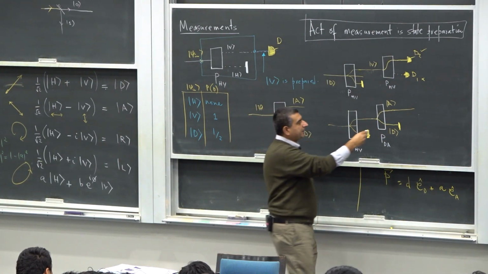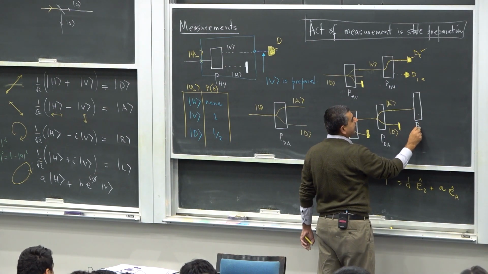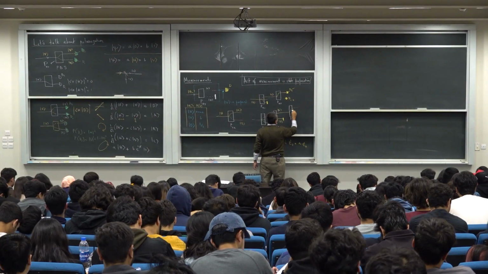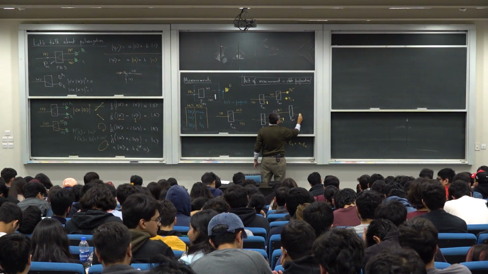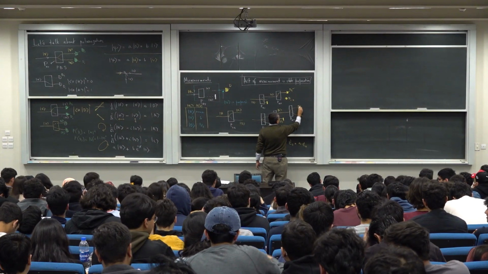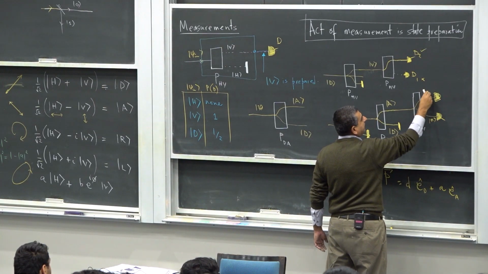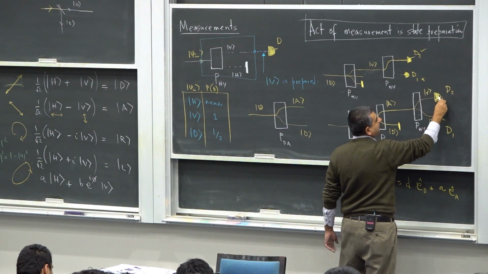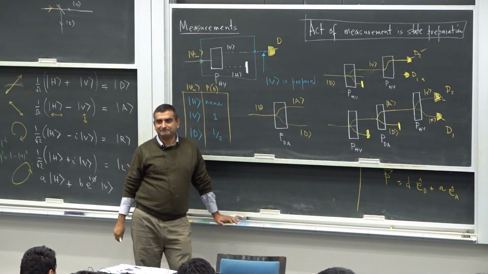And then I put a third beam splitter, another HV beam splitter, and then I put two detectors here. This is cat H channel, this is my cat V channel, D1 detector, D2 detector. Alright, so this is my scheme.